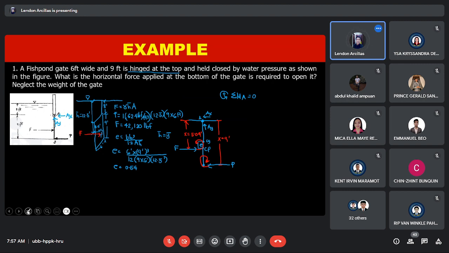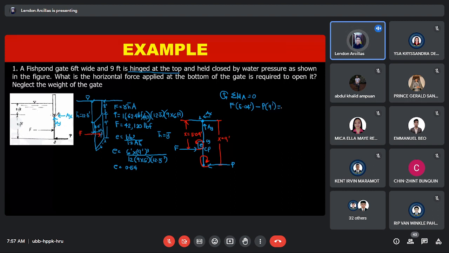So F is positive since that is counterclockwise. Positive F. Gets ba? Times the lever arm niya is 5.04 feet. That is 5.04 from point A. Okay, next is yung P natin, which is negative kasi clockwise siya, minus P. Ang lever arm niya from point A is 9 feet.